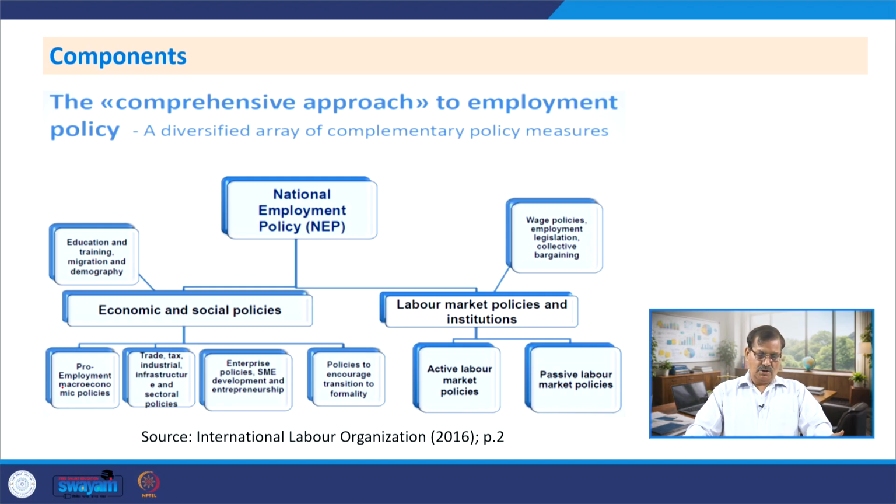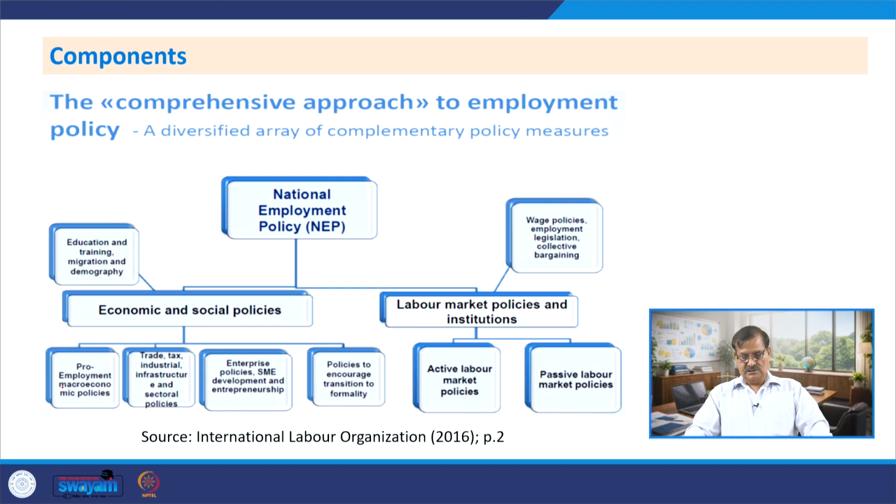Within socio-economic policies, we should have pro-employment macroeconomic policies, trade, tax, industrial infrastructure, and sectoral policies, enterprise policies, micro, small, and medium enterprises development, and entrepreneurship like Startup India, Stand Up India, Make in India, and Skill India. All these are important policies towards improving education and training, migration, and employability of workers.